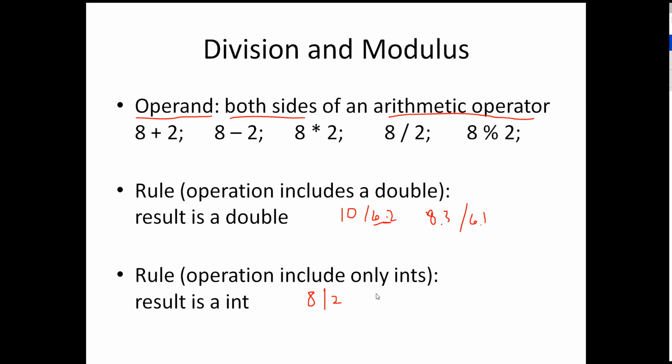Yeah, that's right. How about 11 divided by 5? Now, wait a second. How can that be an int? It looks like it's going to be a decimal if you go 11 divided by 5. But in Java, 11 divided by 5 is not going to be 2.2, like what you would get on a calculator. So this 11 divided by 5 has to be an int.